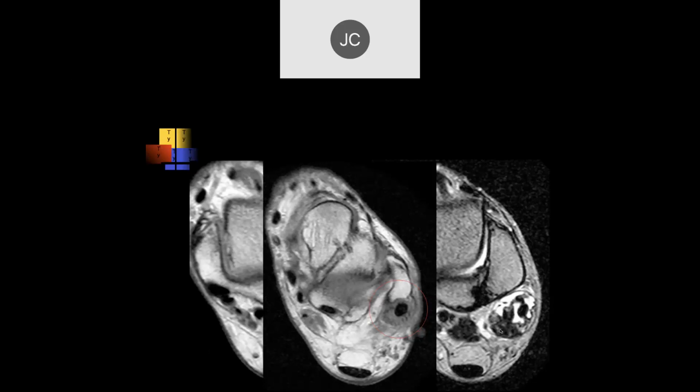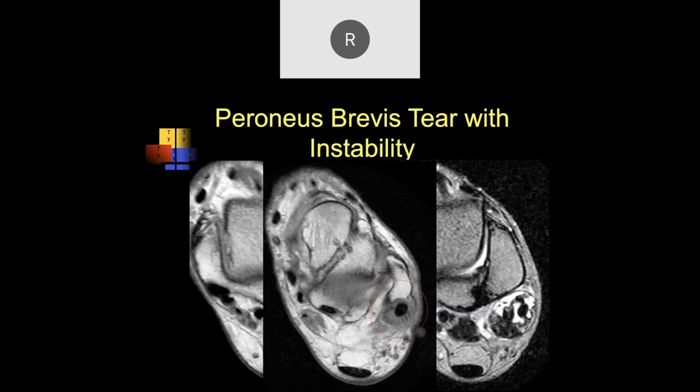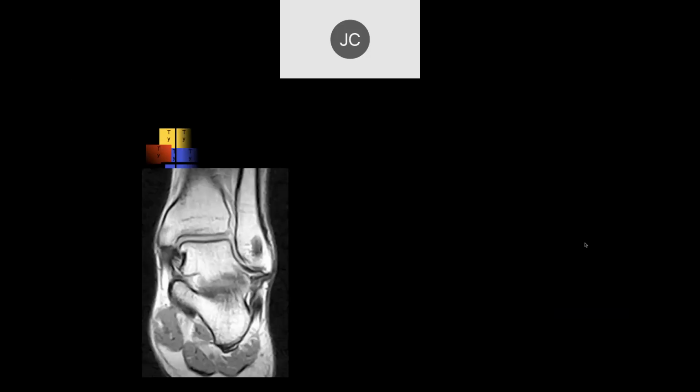Okay, so there I only see one peroneal tendon. Right. So this was actually a complete peroneus brevis tear with retraction, with a lot of tendinopathy and thickening, and also there was some instability, I think, here. And you can see a lot of fluid there, a lot of tenosynovitis due to the tears. Good. Okay.